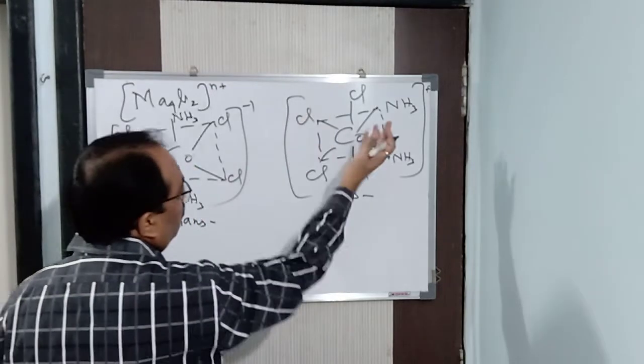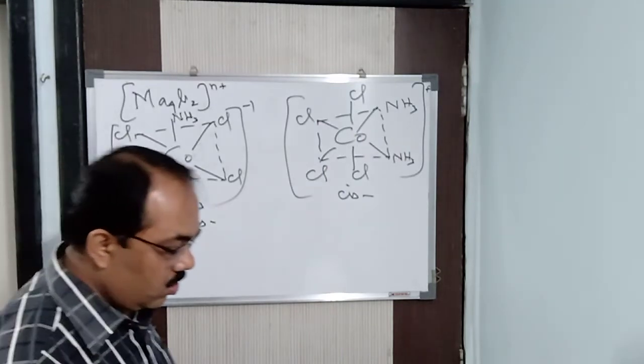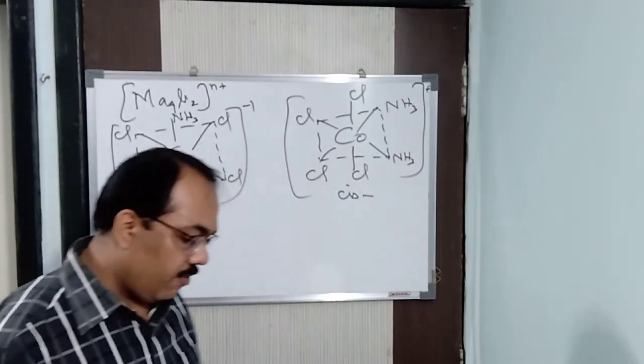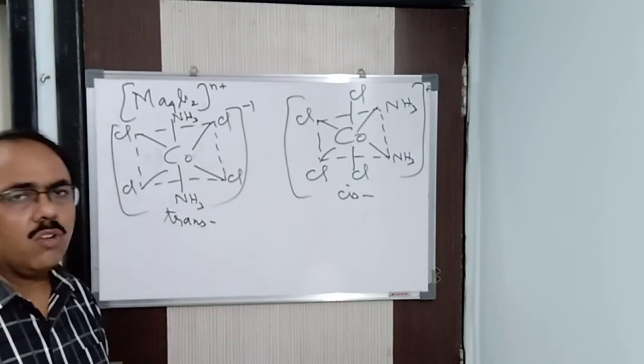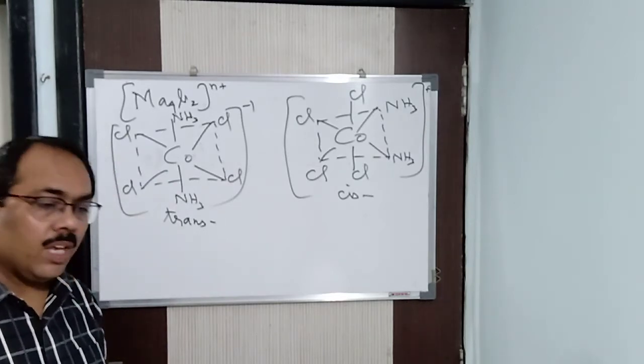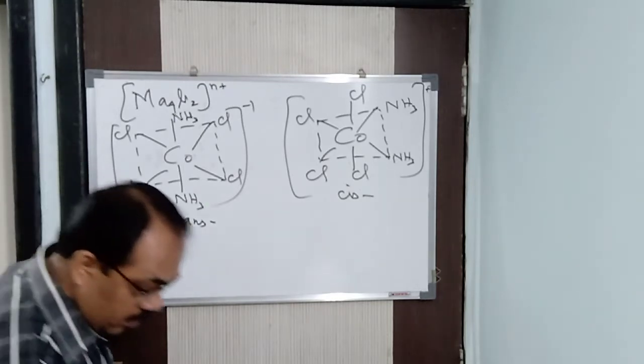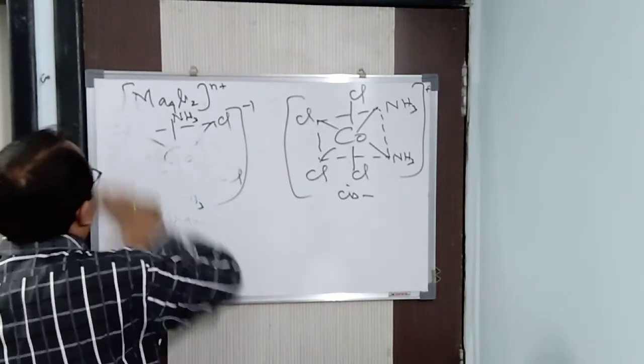Here the diagonal is not the same, so it is coming under cis. So this is coming under MA4B2. Similarly, we can also have MA3B3, and also MA2A2. Clear? Still some more examples we will see, that is MA3B3.